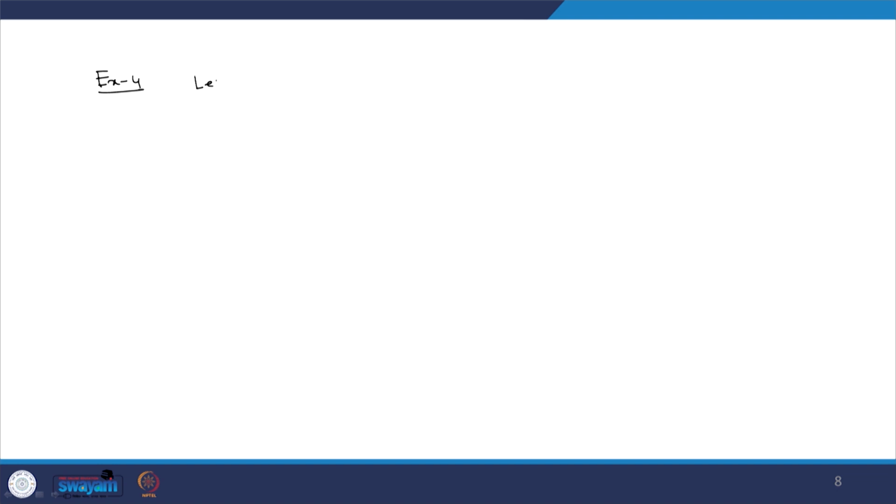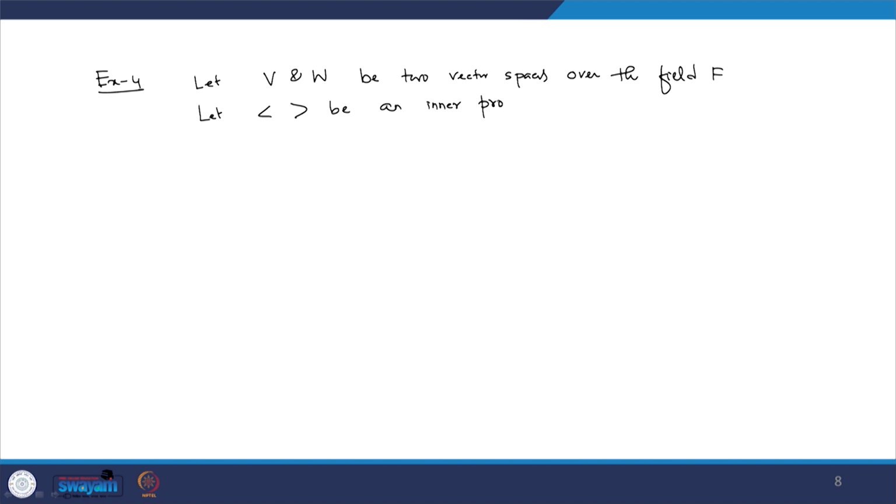So, let V and W be two vector spaces over the field, say capital F. Now, let this be an inner product in W, but nothing is given about V.